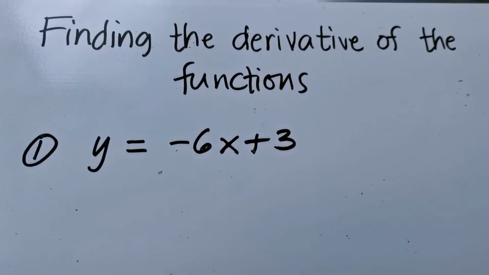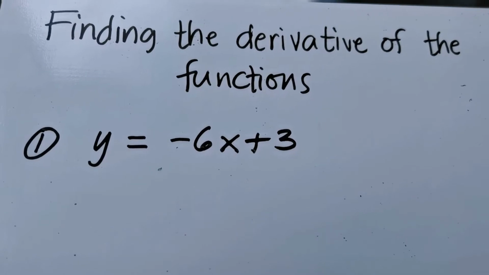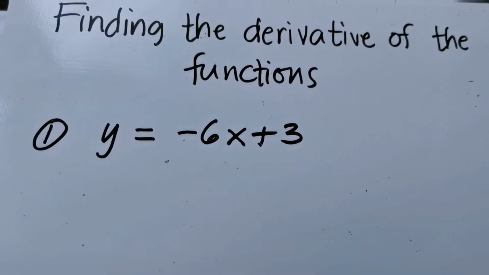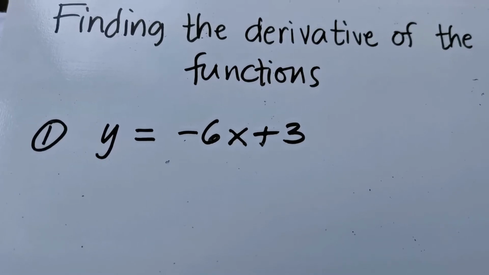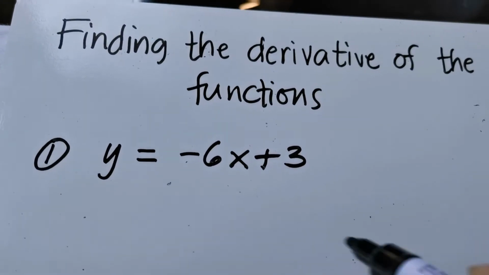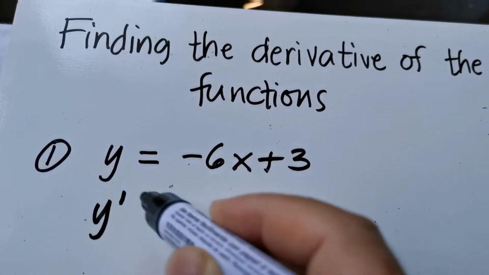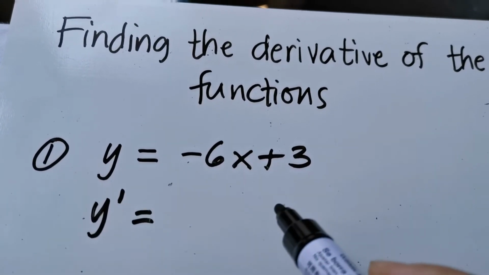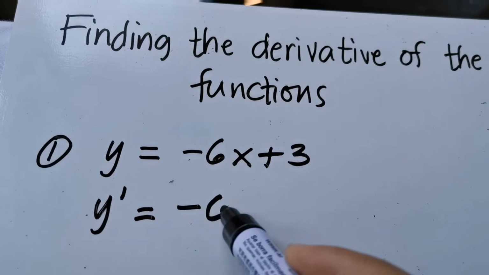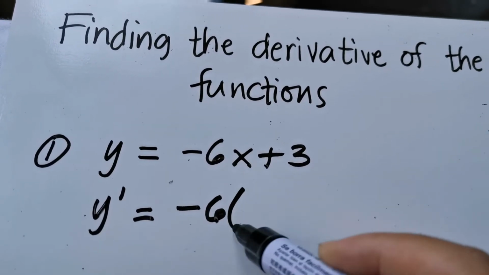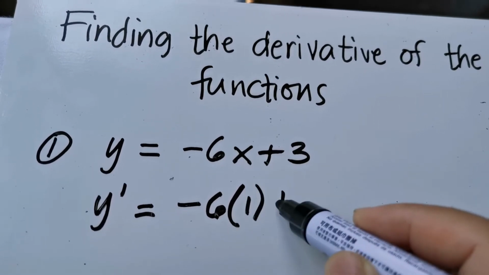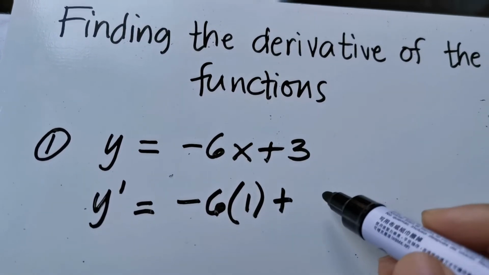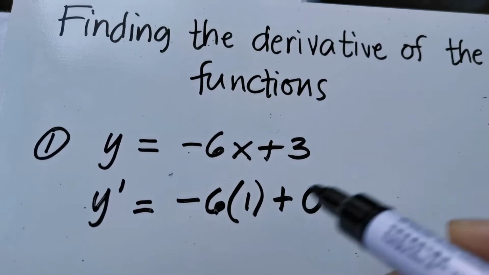Hello, we are going to find the derivative of the following function. Our first example is y equals negative 6x plus 3. So we have y prime is equal to negative 6 times the derivative of x, which is 1, plus the derivative of 3 is 0.